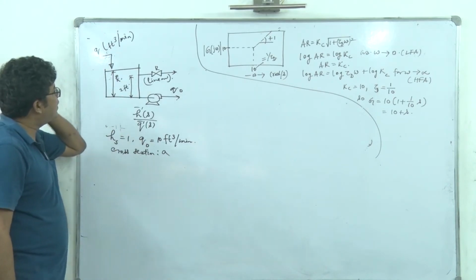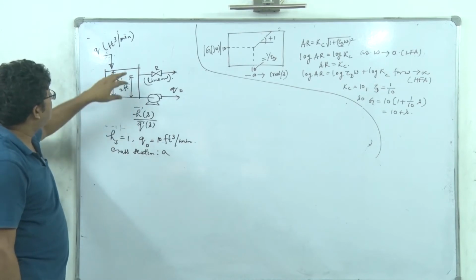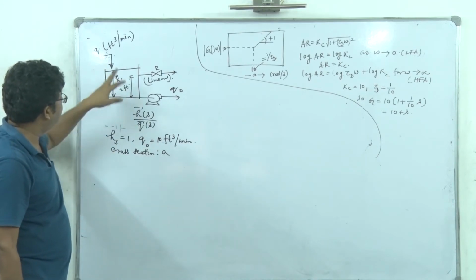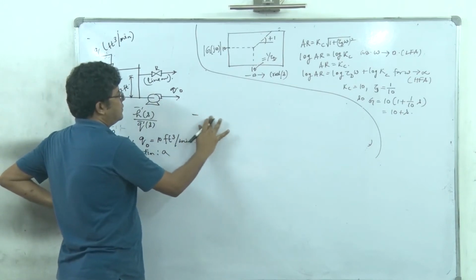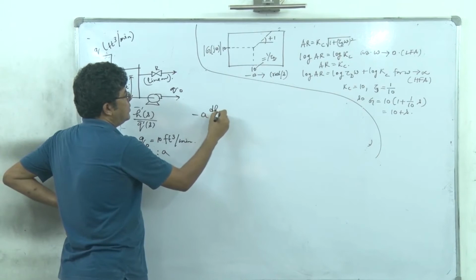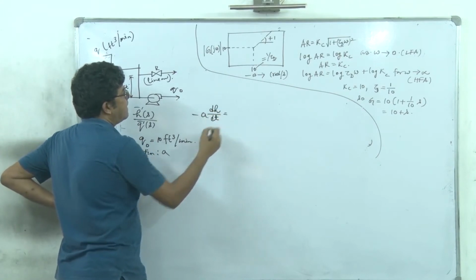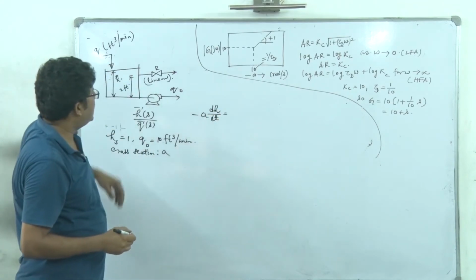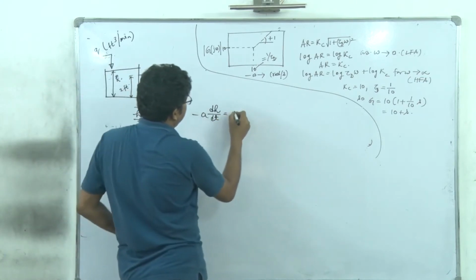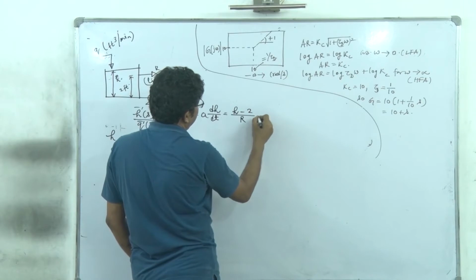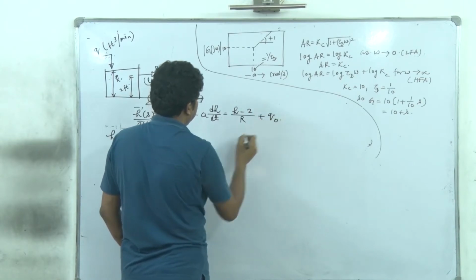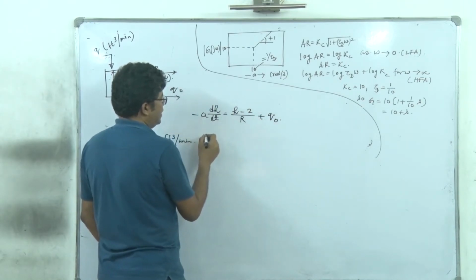Generally we will think that if the total level is H, then minus A, where A is the cross-sectional area, into dH/dt will be equal to (H minus 2) divided by R plus Q naught, and from there we will solve this.